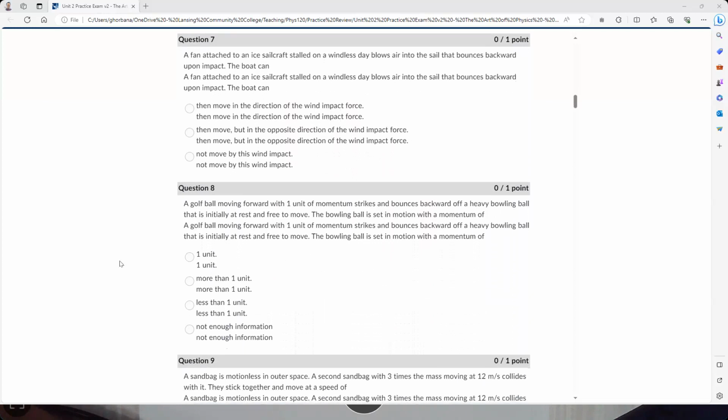So, a golf ball moving forward with 1 unit of momentum strikes and bounces backward off a heavy bowling ball that is initially at rest and free to move.